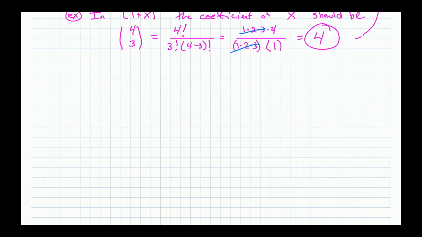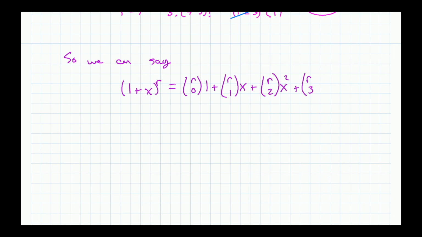So we can say, (1 plus x) to the r would be, according to the formula that we just wrote, r choose 0 times 1, r choose 1 times x, r choose 2 times x squared, r choose 3 times x cubed, and you can keep doing that. You would stop when you got to r choose r times x to the r.